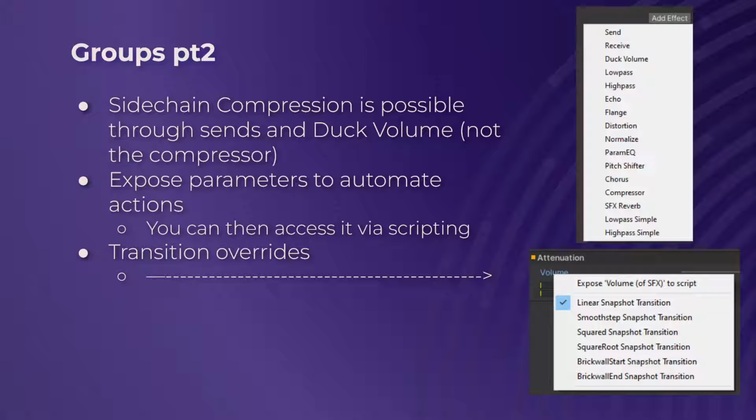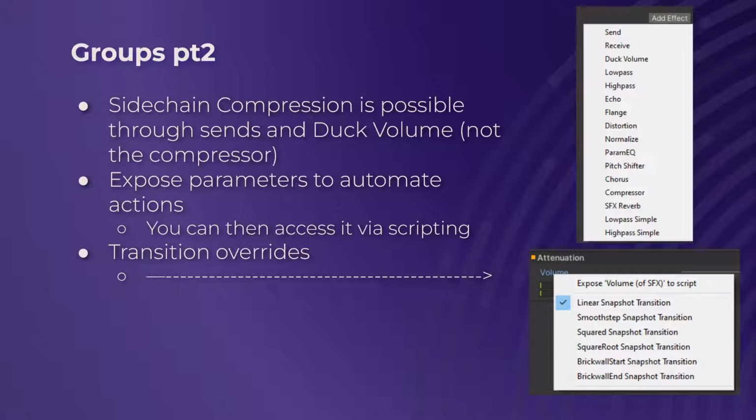So you take a send, you put that on the object that you want to duck the compressor, and then you add the duck volume on the thing that you want to duck. So you slap that on the music, you slap the send on the gunshot, and then in the send you'll click where you want it to go. So there you go, quick tutorial on how to do that.